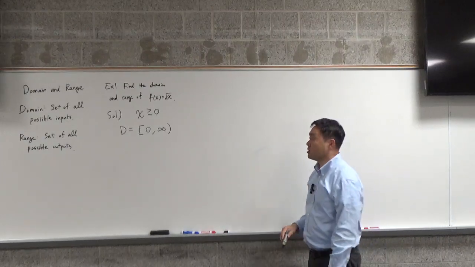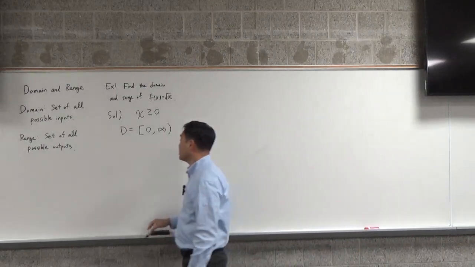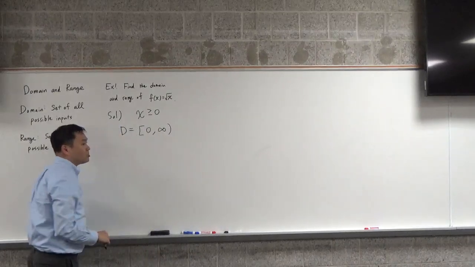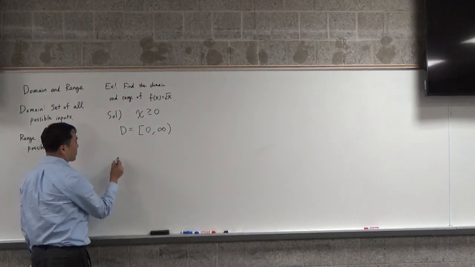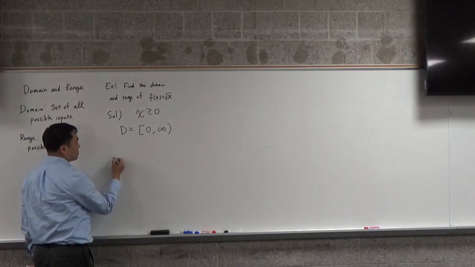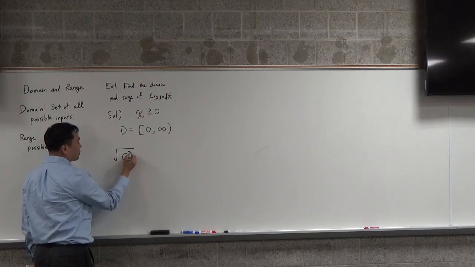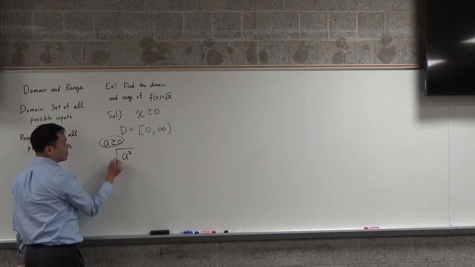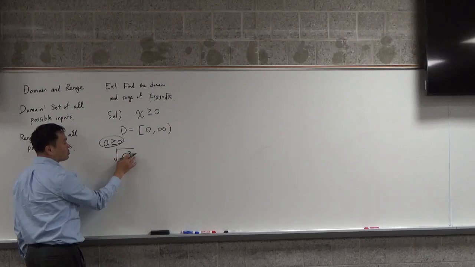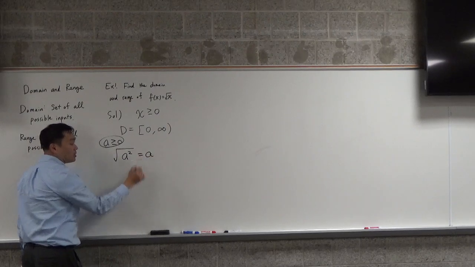Now, what about the range? Well, range is a bit harder to argue for, but if you think about anything squared, as long as a is 0 or positive, then square root of a squared gives you a, right?